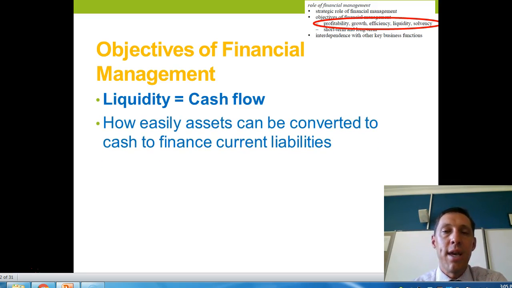Okay, so how easily can your assets, generally cash, stock, accounts receivable, they're your three main current assets, how easily can they be converted into cash to finance your current liabilities? Okay, your accounts payable, for example, and is the business able to do that effectively and efficiently?